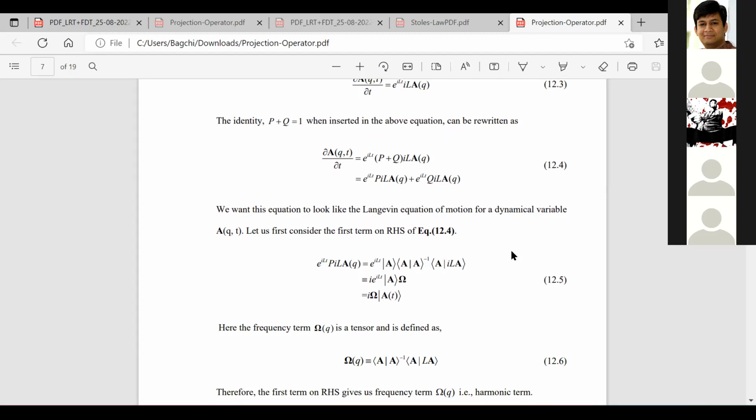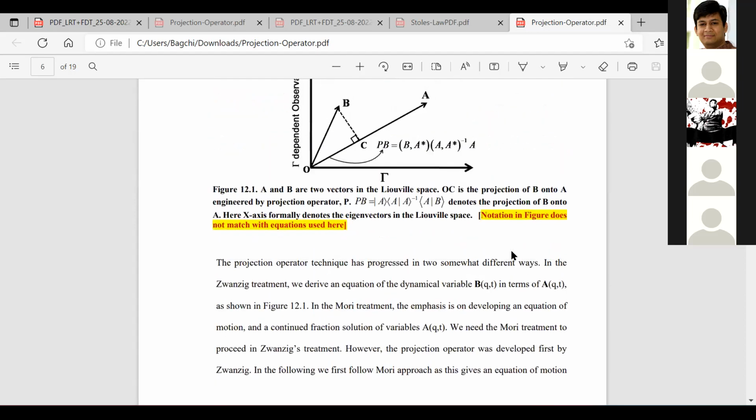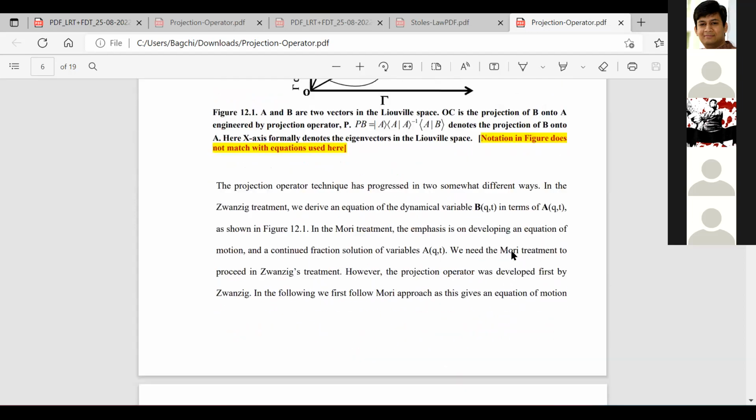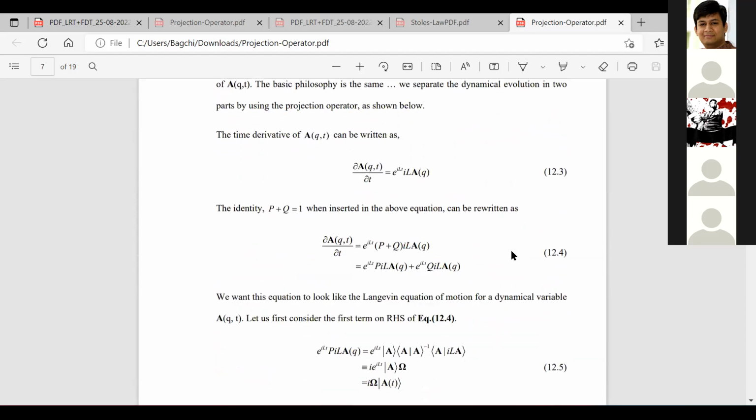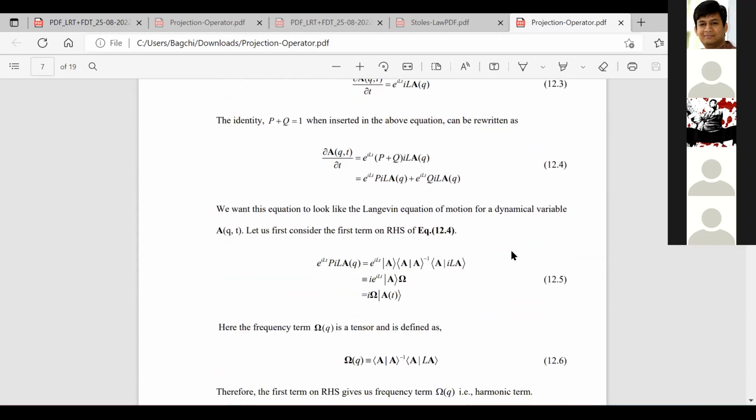And then I write the definition of the position operator, and then I get e to the power iLt P iLA. I can show that it's just A dot, and A dot is a frequency, and that is defined as omega.